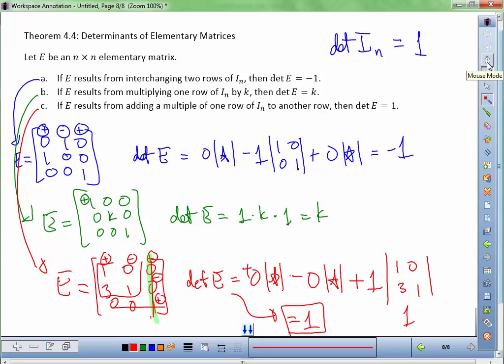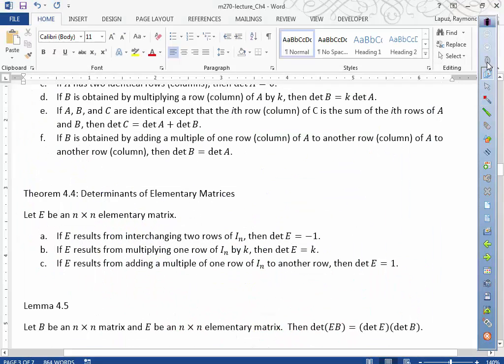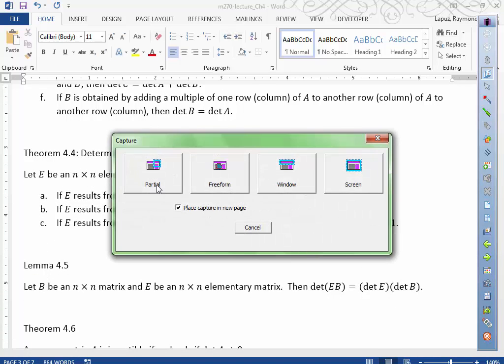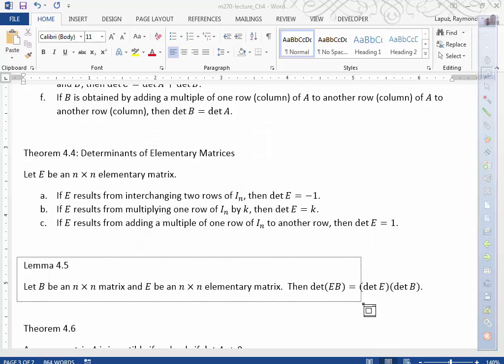So we need one more theorem, or I don't know if they call it a theorem or a property, but once we know that, we can backtrack to the other theorem that I couldn't prove real quick. Lemma. A lemma is like a prelude to a theorem.